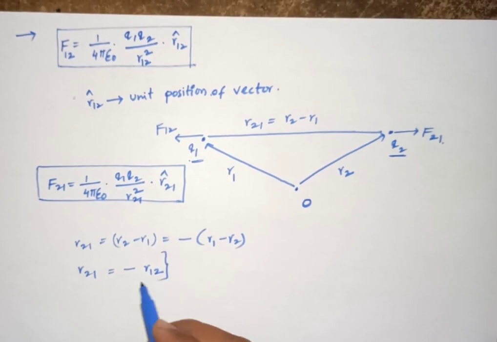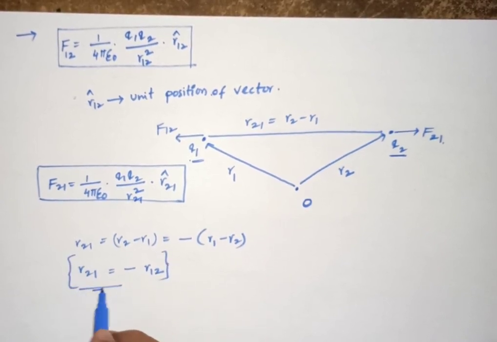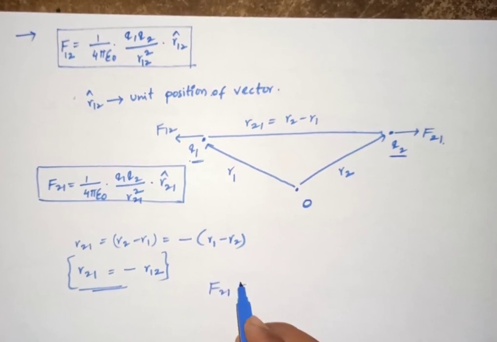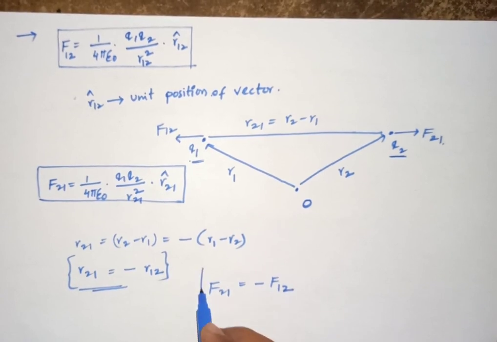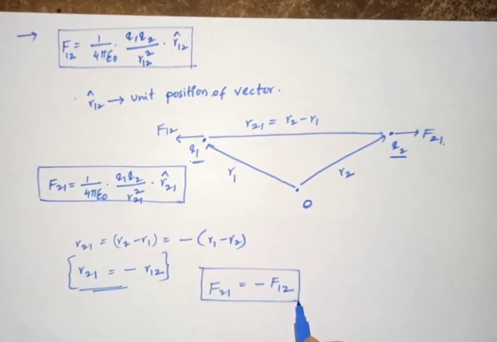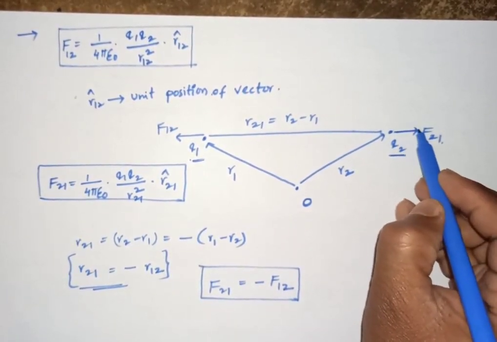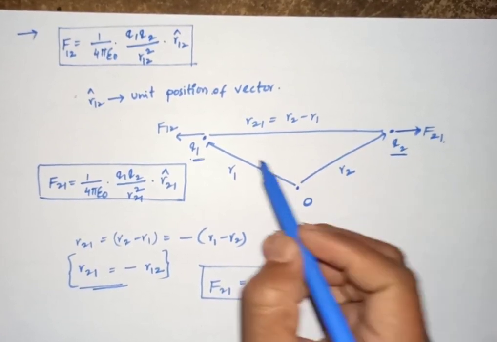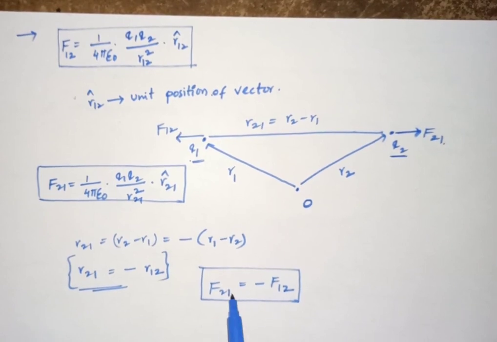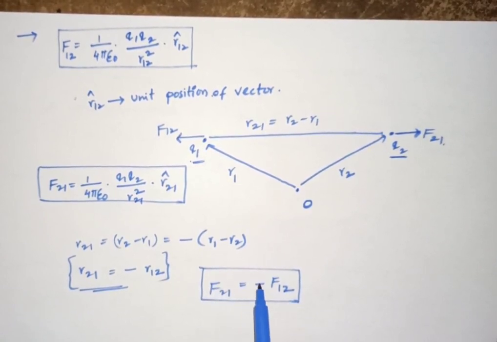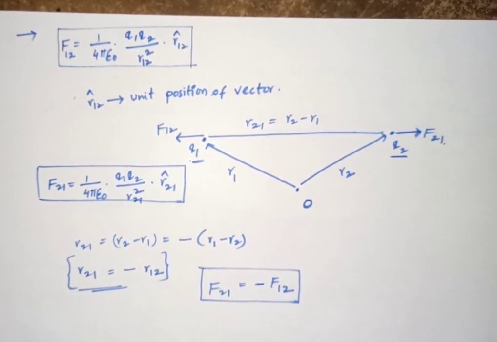From this equation we can write the force F21 equals minus of force F12. These are in opposite directions: one is in the forward, right side direction, and F12 is in the opposite direction. F21 equals minus F12.